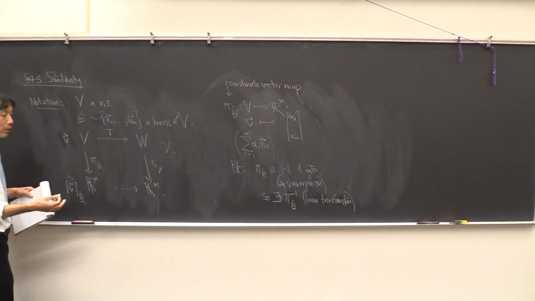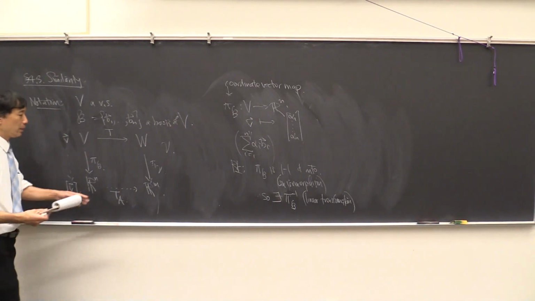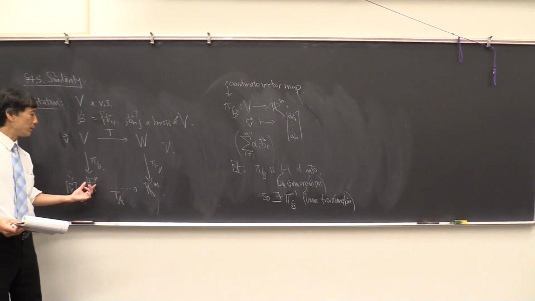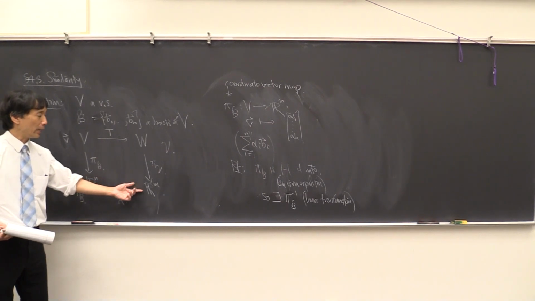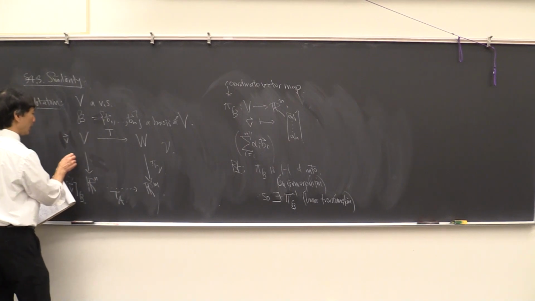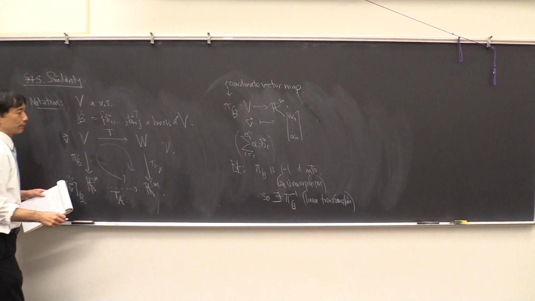What we've been talking about are the matrix representations, the matrix that gives you a map from Rn to Rm that makes the diagram commute, so that you can go this way or you can go that way.